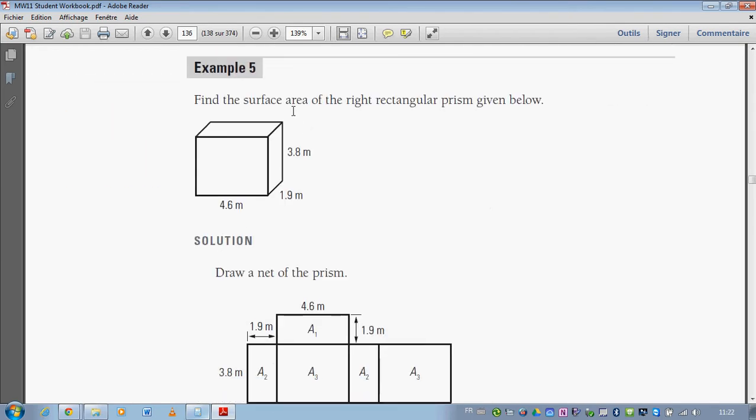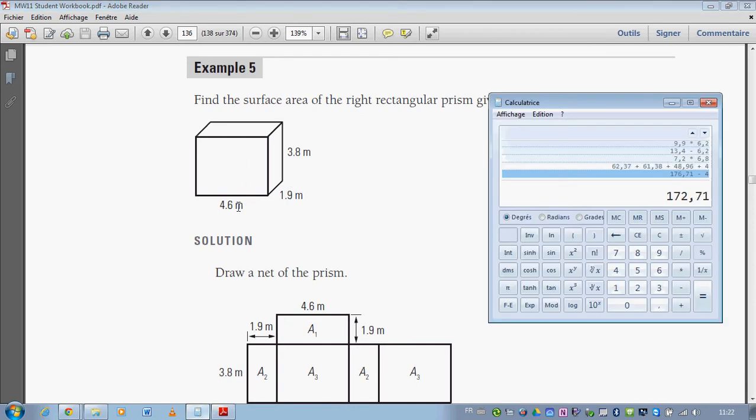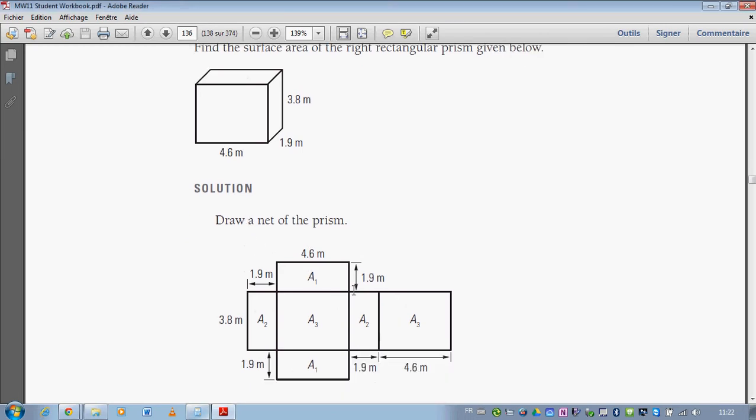Okay, moving on to example 5. Find the surface area of the right rectangular prism given below. To find the total surface area of this prism, you need to figure out the area of each one of these individual sides, and then add it all together. They decide to draw out a net to figure out the area, and that's not absolutely necessary.